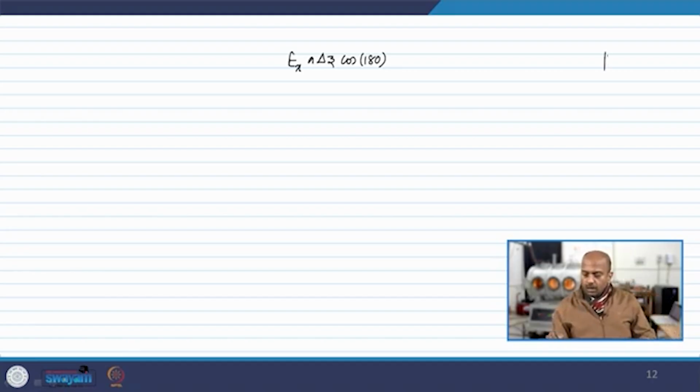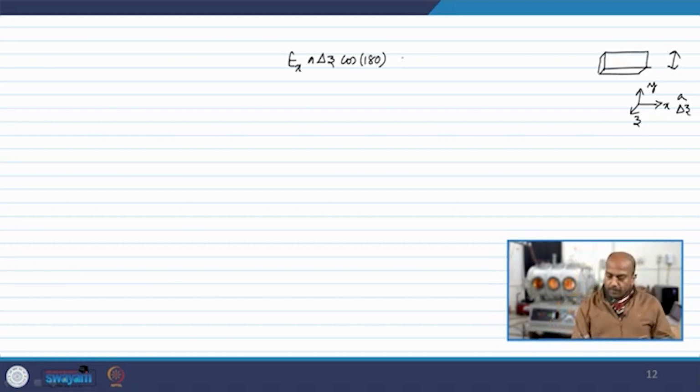See, this is your slab, and this is your coordinate system x, y and z. So, dx dy is going to be giving you A. When you multiply with delta z, you have Ex A times delta z.